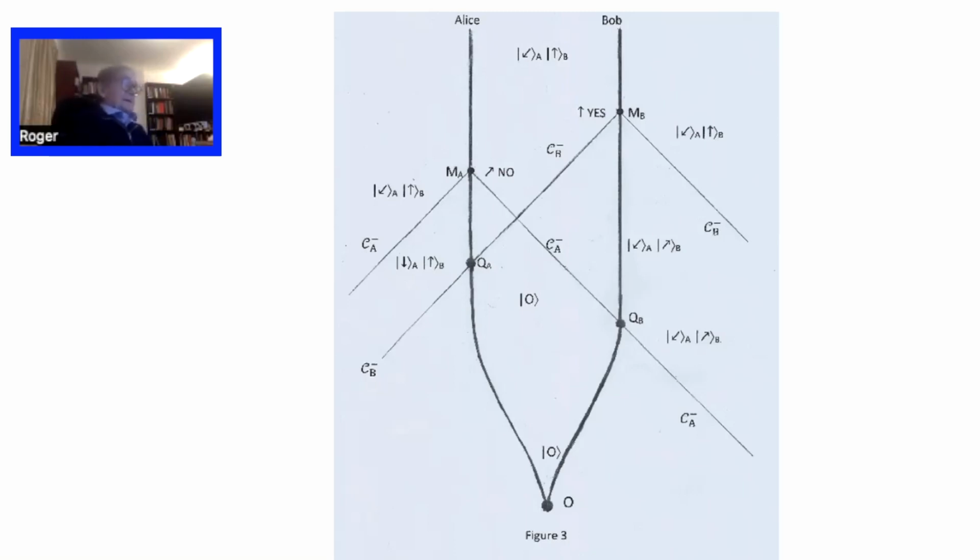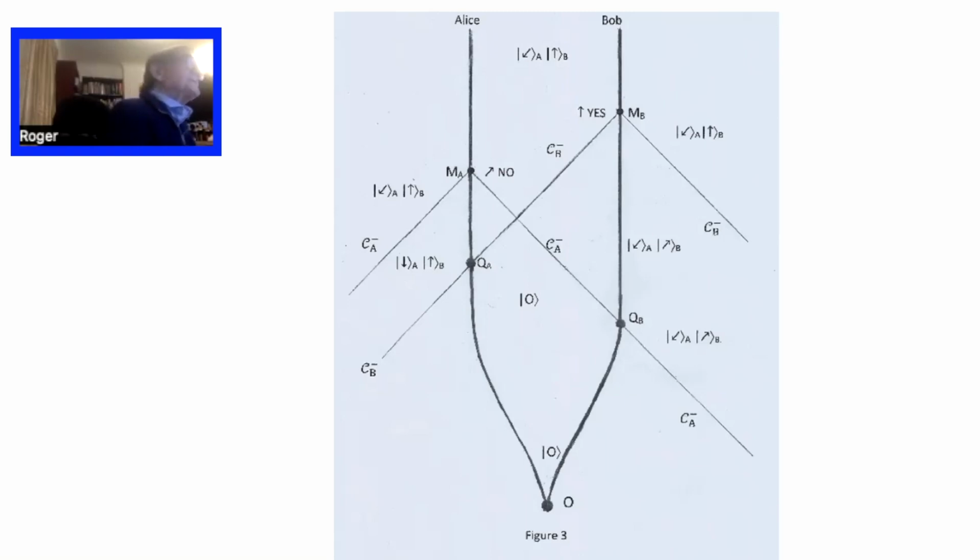Okay, Alice makes a measurement at the point you can see there, QA. That's Alice, and Bob has a point, QB, and they independently make measurements. Let's suppose that Alice makes a measurement on her spin-half particle, up or down, and she happens to find in this example that it's down, I think, isn't that right?